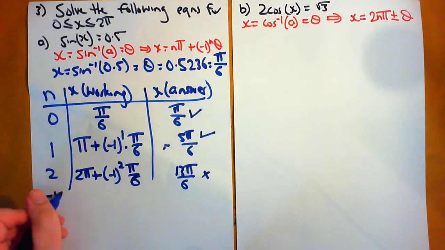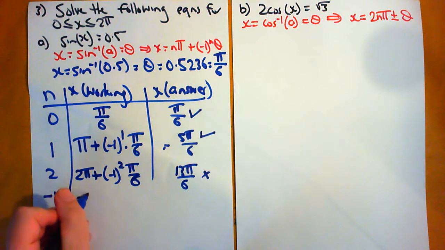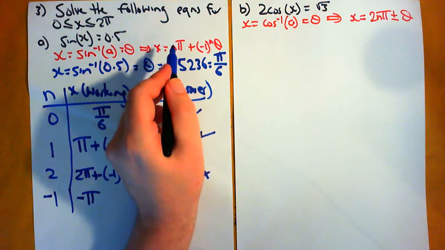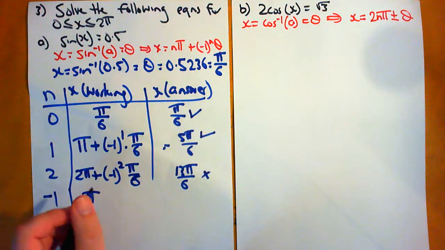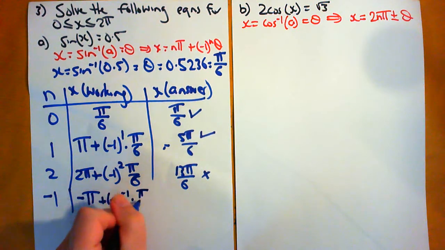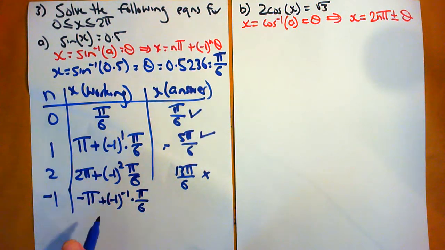And let's backtrack to negative 1 just to make sure we get negative pi, because n is negative 1. This becomes negative 1 times pi, which is negative pi, plus negative 1 to the negative 1 times pi upon 6. Minus 1 to the minus 1 is minus 1.